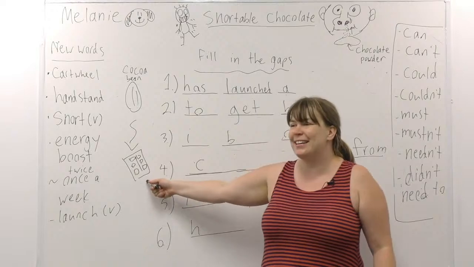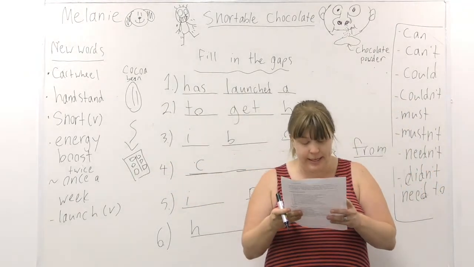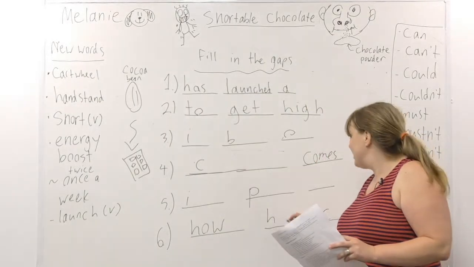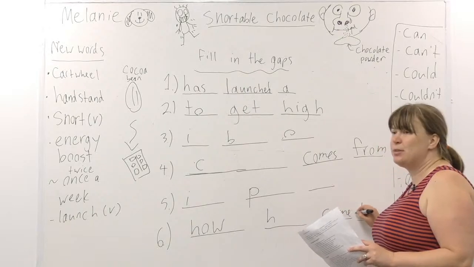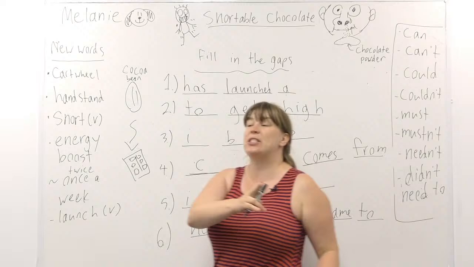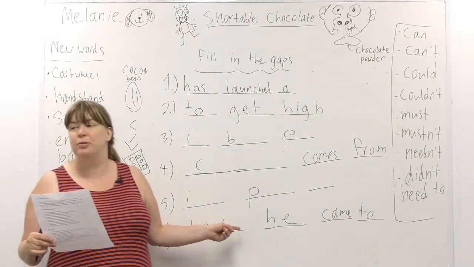This is a bar. Number 6, how he came to. How he came to is number 6. Good try.